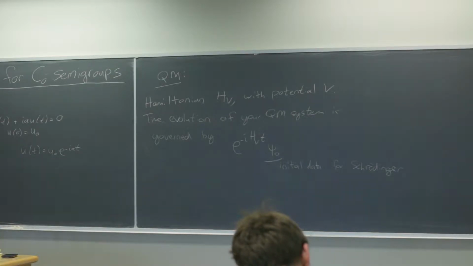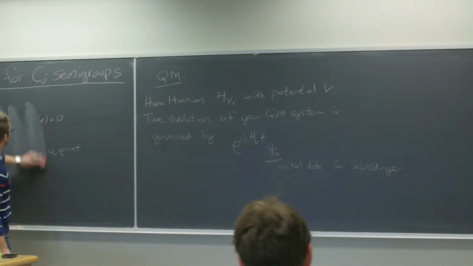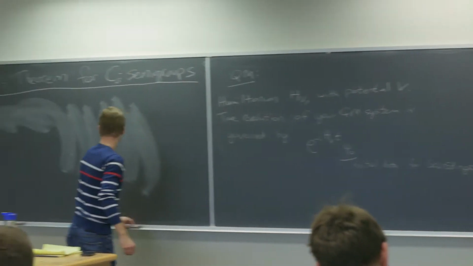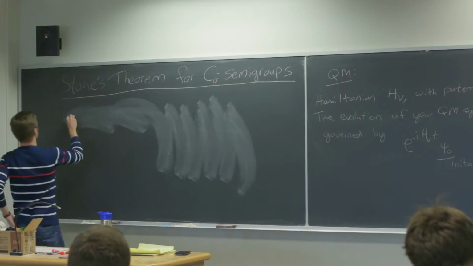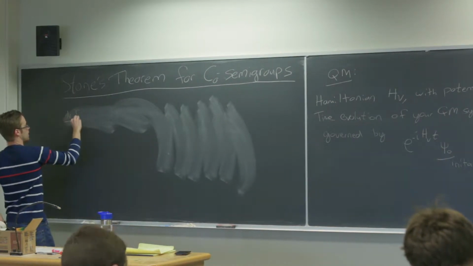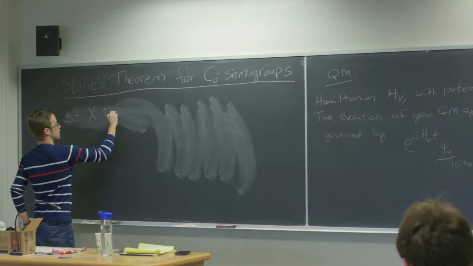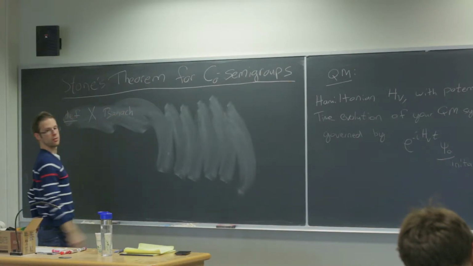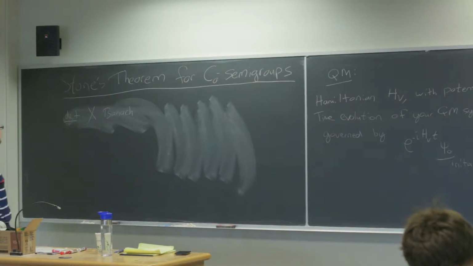So to do that, we're going to need a bunch of functional analysis. So let's jump right in and let me tell you what a C0 semigroup is. Here X will be a Banach space always. Many times I will just assume it to be a Hilbert space to make things easier.